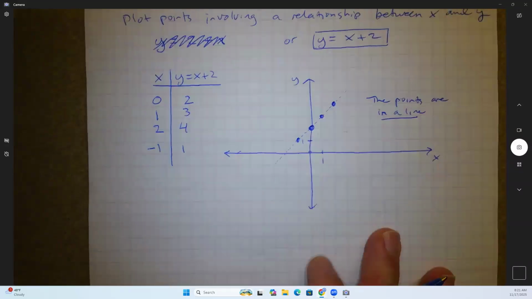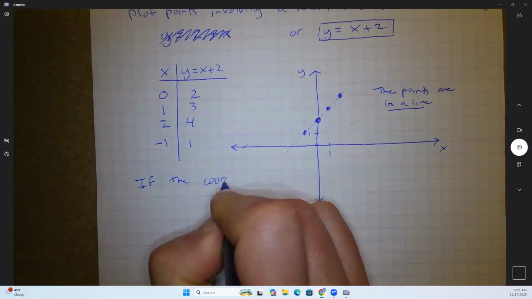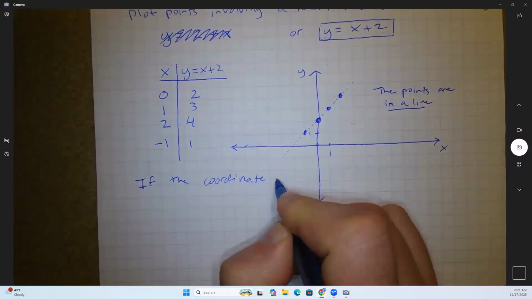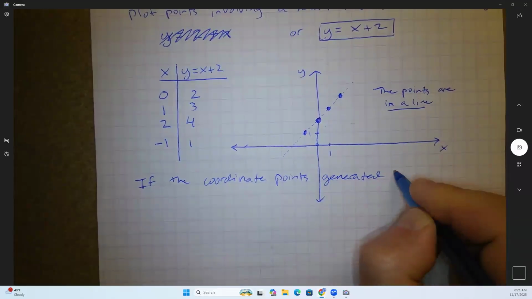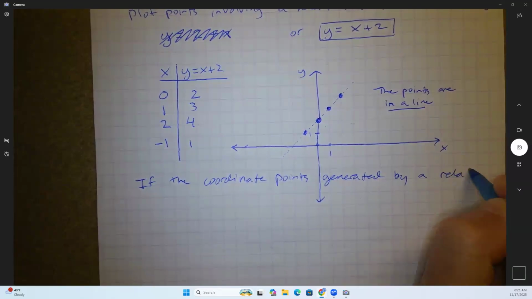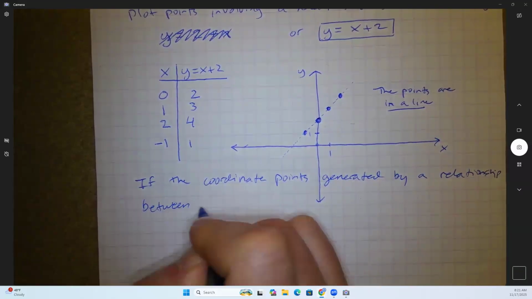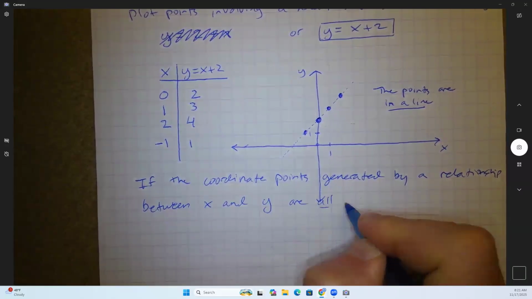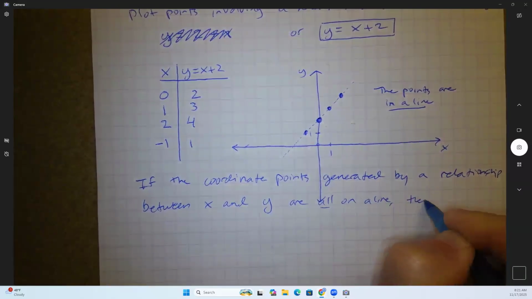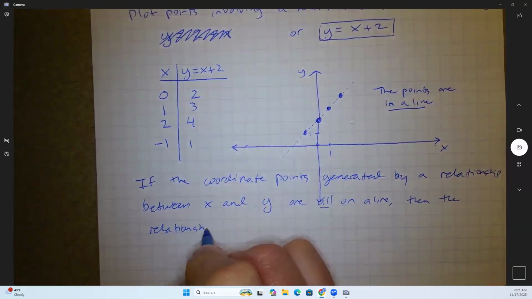And that means that if the coordinate points generated by a relationship between X and Y are all on a line, then the relationship is called linear.